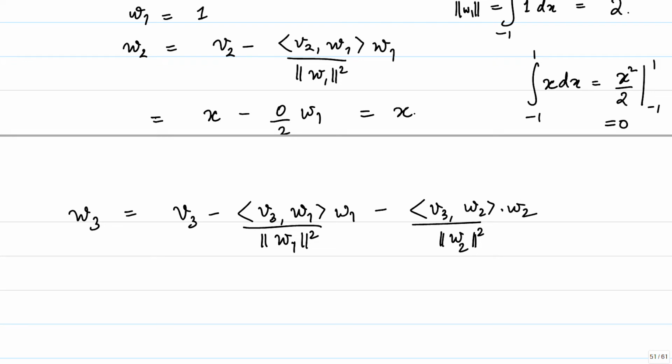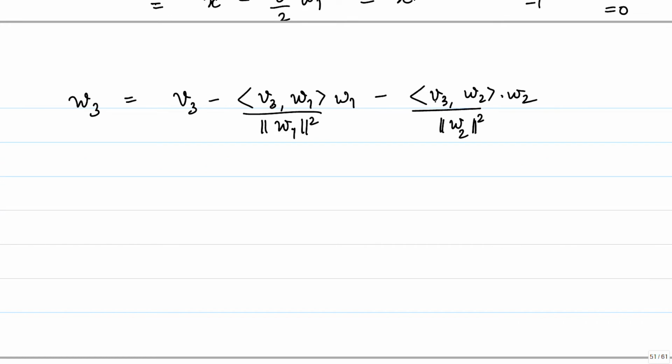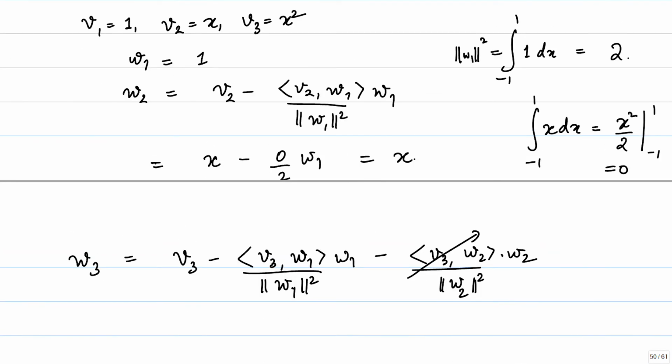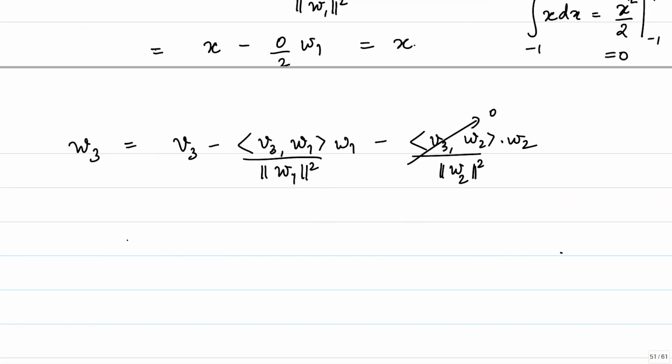So, I would like to quickly note that this quantity will be 0 because if you look at x square and the inner product of that with x, that will be the integral of x cube, and by a similar argument this will be 0. So, we just have to worry about this. It's just going to take a minute.